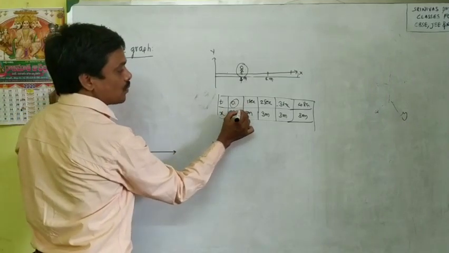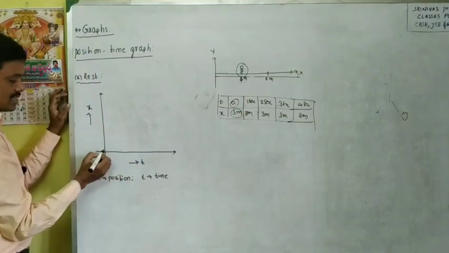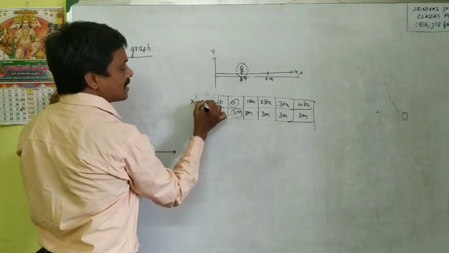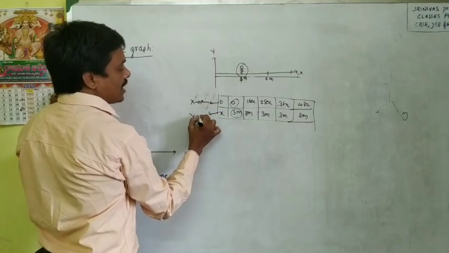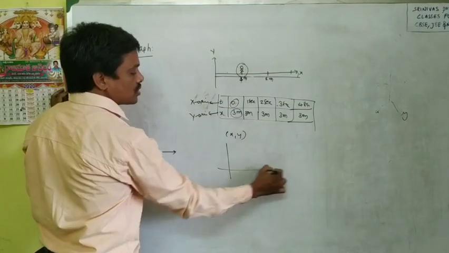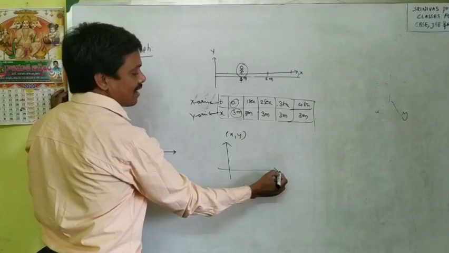Okay, this is x, y: x is 0, y is 3 meters. Time on the x-axis and position on the y-axis. x comma y is a point. How to denote it on the coordinate system?